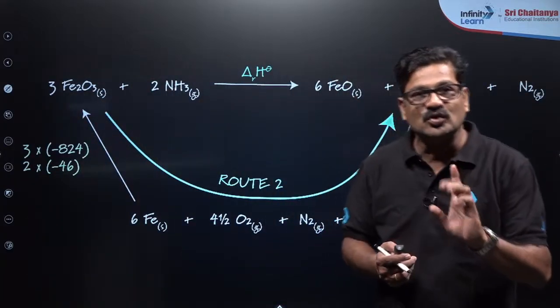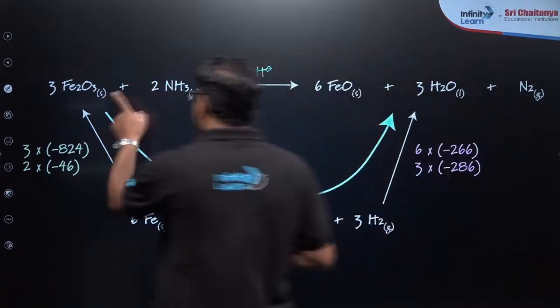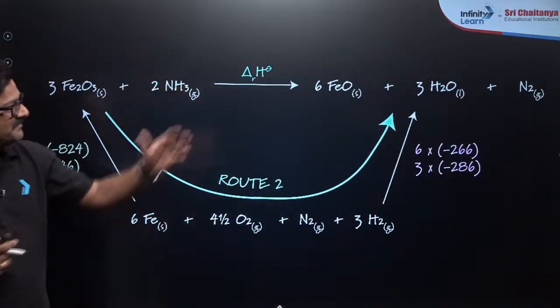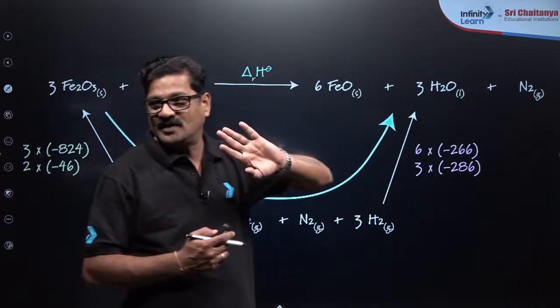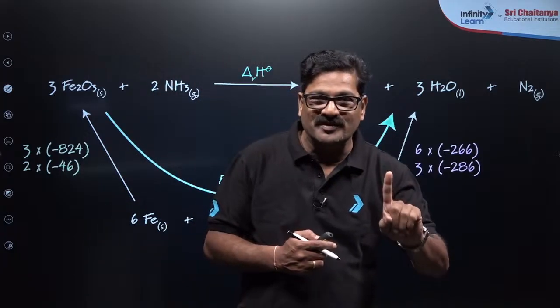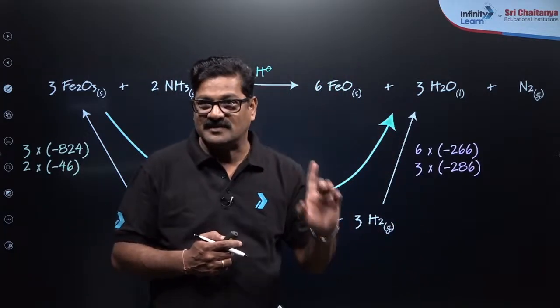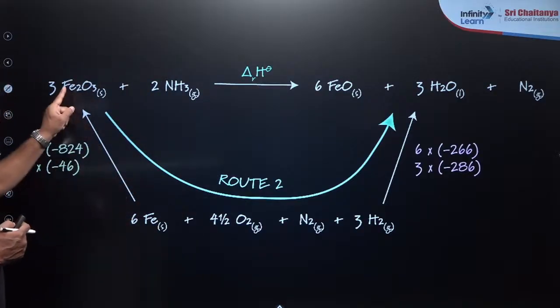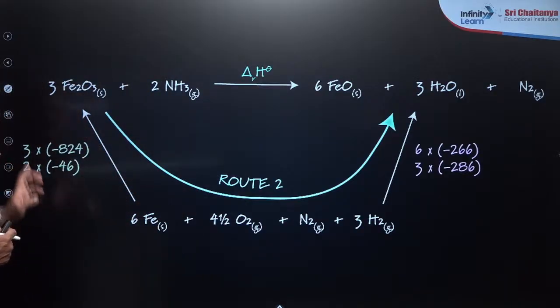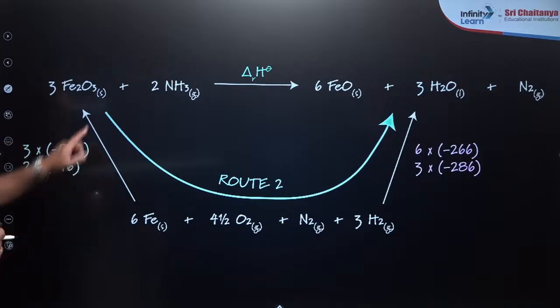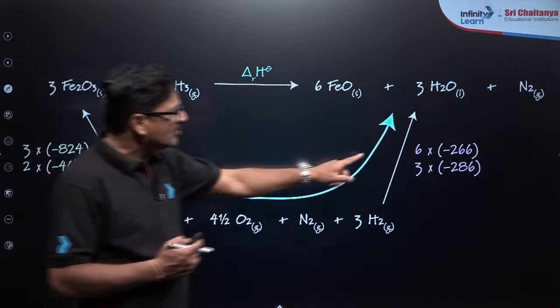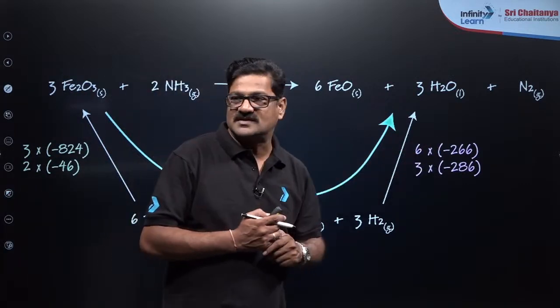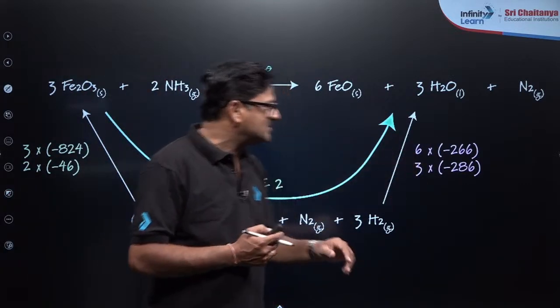Let us say route 1, that is Fe2O3 plus 2NH3 gives us 2FeO plus 3H2O plus N2. Mind it, the reaction should be balanced as given, right? Now you are going to see 2Fe gives rise to Fe2O3, so that 2 irons and 3 824, 2 into minus 46, and in route 2 in the same way you are going to get 6 into 266 and 3 into 286 from the given data.